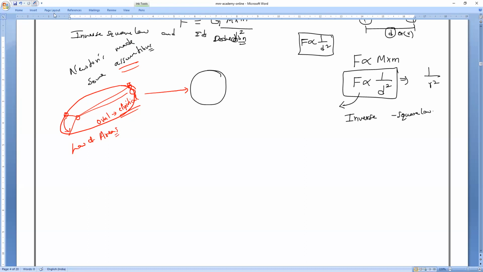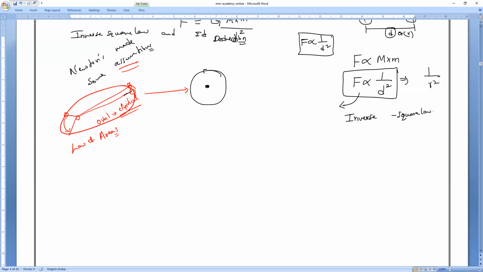But now Newton is assuming otherwise. For deriving the inverse square law, he assumed that the orbit is not elliptical. It is circular. So considering the orbits of the planets to be circular, the gravitational force between the sun and the planet accounts for the centripetal force. That is the centripetal force we studied at the beginning of the chapter.